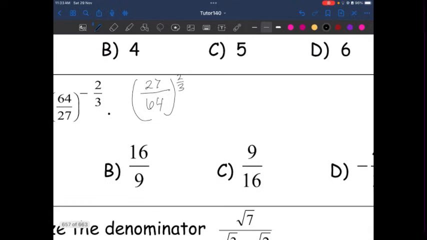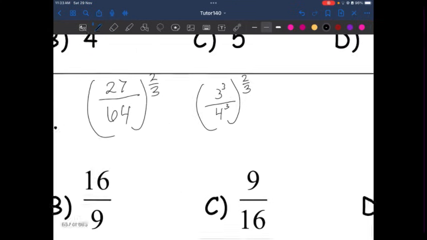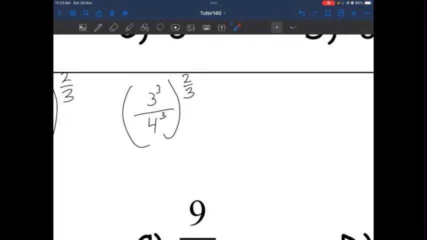Both of these numbers are perfect cubes. 27 is 3 cubed, and 64 is 4 cubed. And then we still have it to the power 2 over 3. We could just multiply the exponents. This is the power rule now. Multiply the exponents. 3 times 2 over 3 is just 6 over 3.